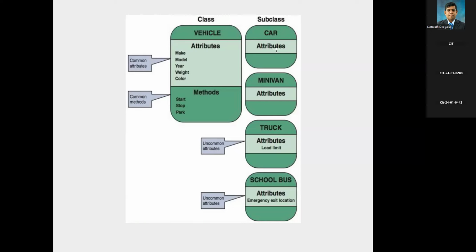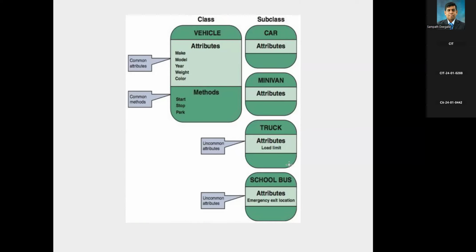For car, minivan, truck, and school bus, all these four subclasses have common attributes and methods. Sometimes we say that they inherit. So the subclasses can inherit the attributes as well as methods, and therefore these are known as common attributes for the subclasses.